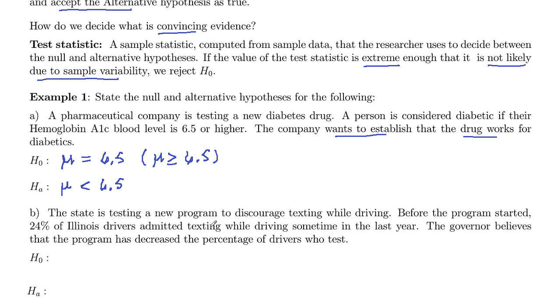The state is testing a new program to discourage texting while driving. Before the program started, 24% of Illinois drivers admitted texting while driving. So that's the default known value. The governor believes the program has decreased the percentage of drivers who text.